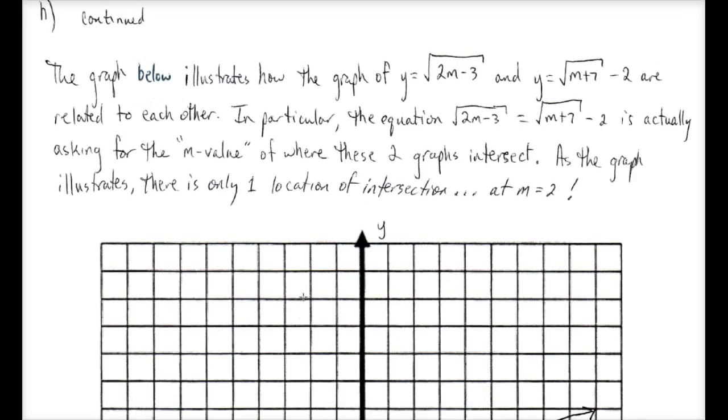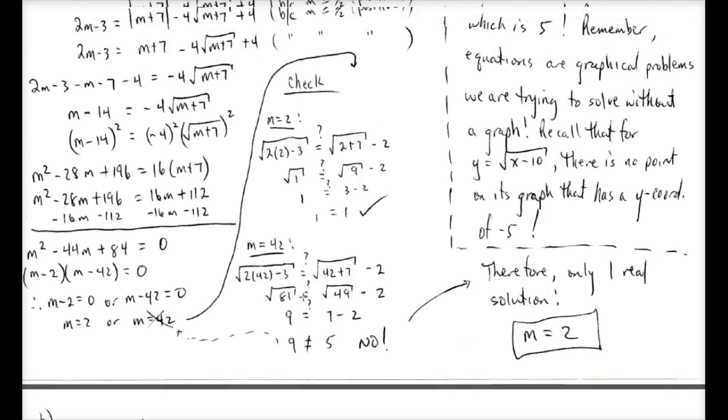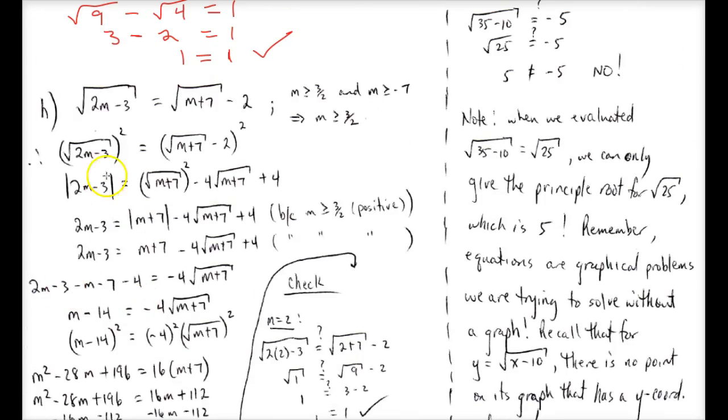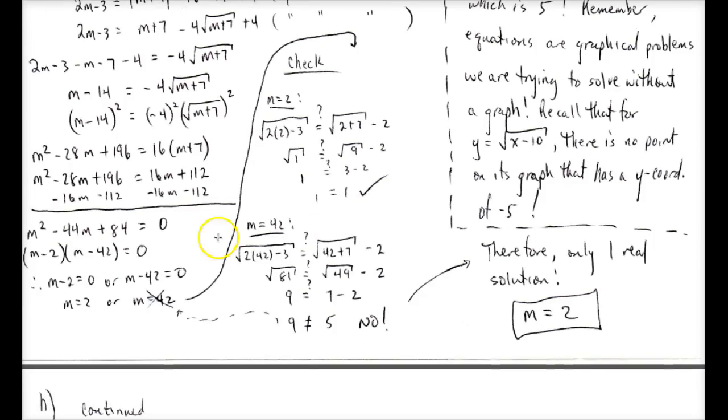And so this particular page is talking about example H, and that would be this example here. What I've done is taken the liberty of drawing the graph of this function and this function superimposed on the graph so that you can see that the graphs only cross where m is equal to 2.